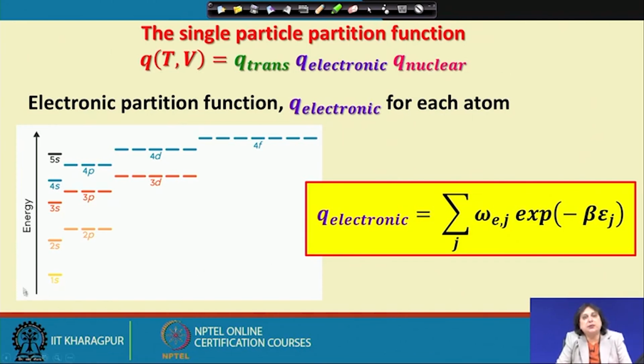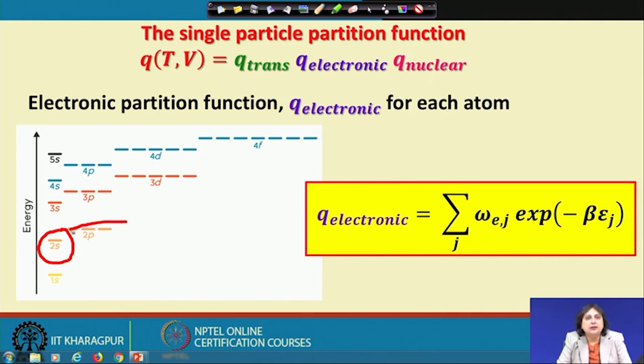Here, for example, the 1s state is singly degenerate, and therefore, for this first electronic state, omega E, the degeneracy of the state, is equal to 1. This is the second electronic state for this atom, so this is omega E2. Can you tell me what omega E2 is? Omega E2 is once again 1, because the s orbital that you see here as a solution is a singly degenerate function.